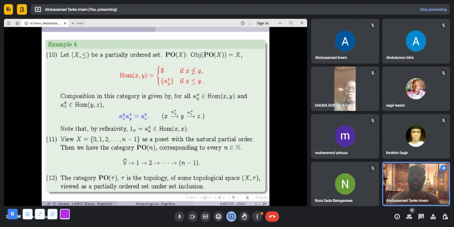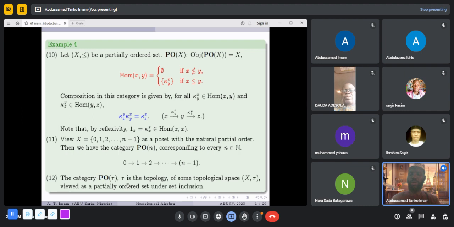There is an arrow from 0 to 1 because 0 is less than or equal to 1, and from 1 to 2 because 1 is less than or equal to 2. And likewise, there will be an arrow from 0 to 2, and from 0 to 3, and so on. We did not draw these. These are the generating arrows, actually.